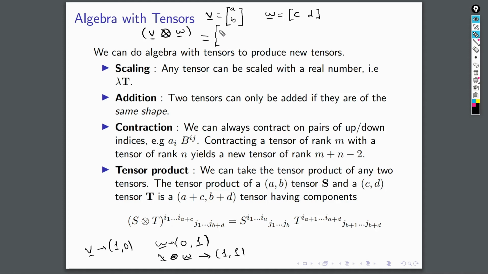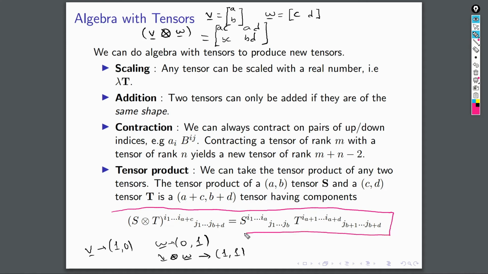So V tensor product omega, the 1, 1 entry of that is V1 omega 1, so that's AC. The 1, 2 entry is AD. The 2, 1 entry is BC. And the 2, 2 entry is BD. So that's an example of how you can do tensor products. And then, of course, I've written it in the general form here.